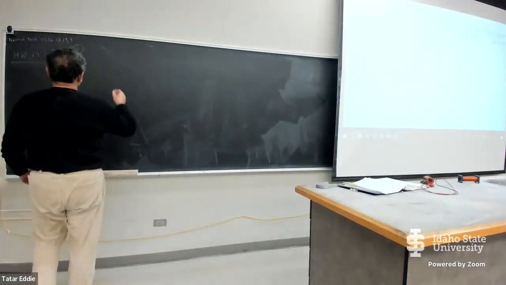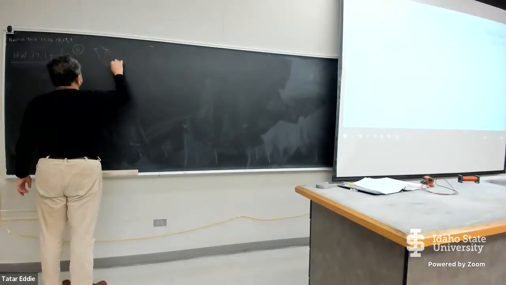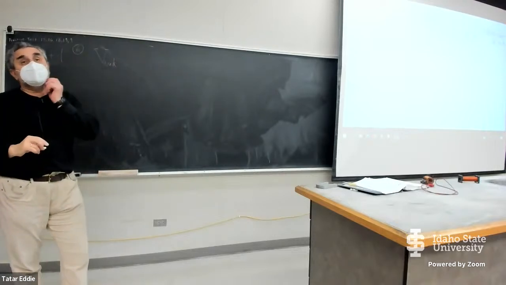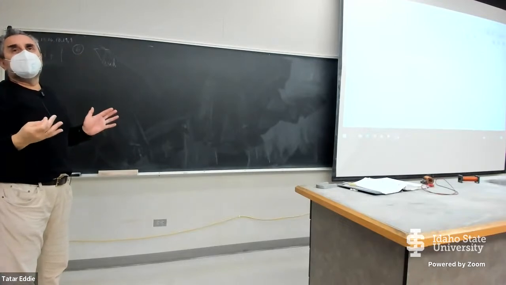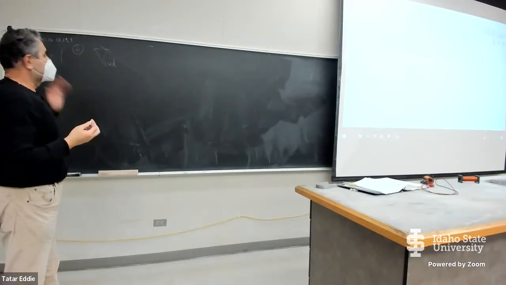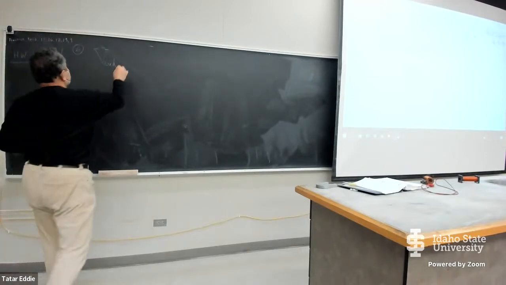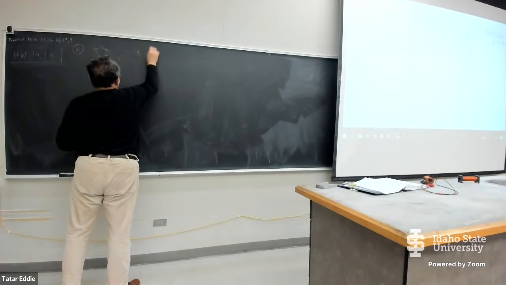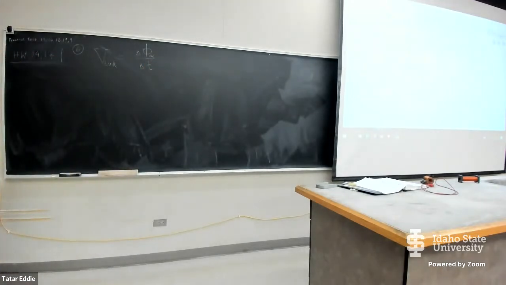So Faraday's law of induction says that the induced EMF, the induced voltage in this coil, without the minus sign, the magnitude of that induced voltage, average value, is equal to the rate of change of magnetic flux.